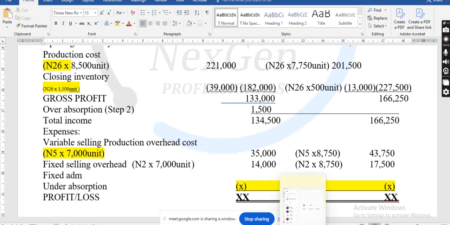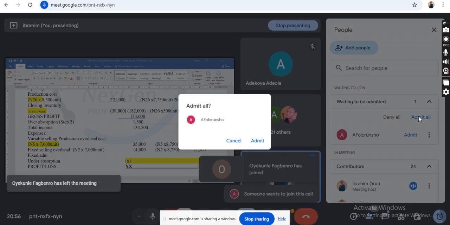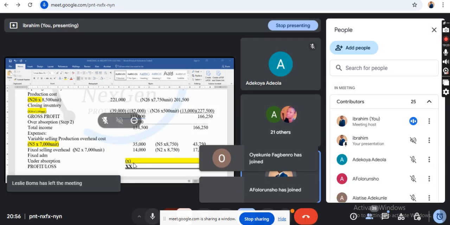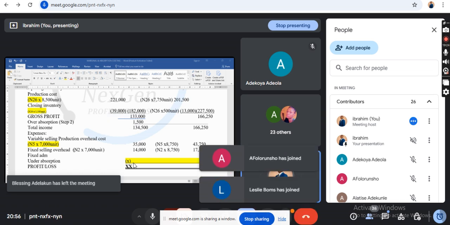Class, let me quickly say this again. I've been saying it, right? This is fixed selling overhead. Fixed means it does not vary, it does not change.